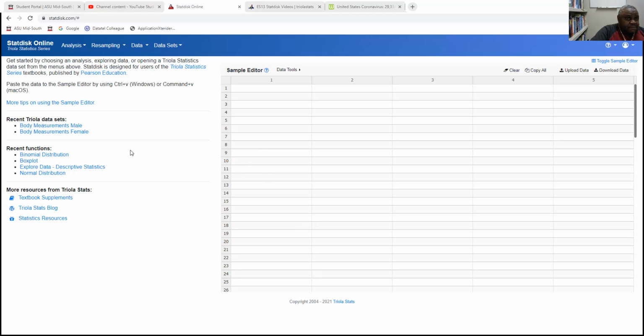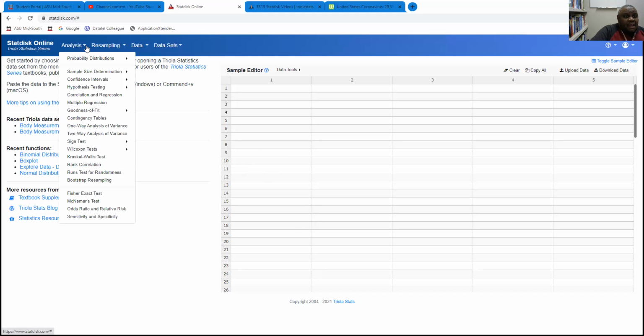Okay, so first thing we're going to do here is go to Analysis on the left-hand side at the very top. This time we're going to go to Probability Distribution. Click on that. Here we're dealing with a normal distribution, so we're going to select Normal Distribution.